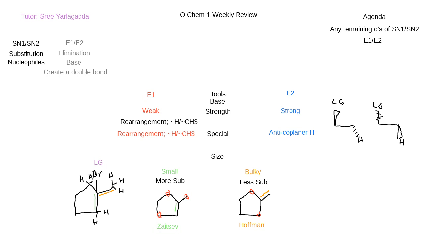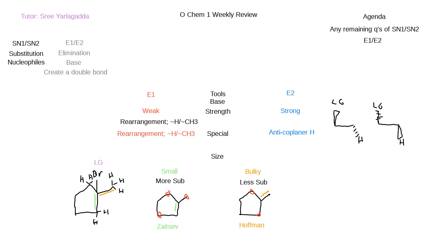So some examples of small bases or typical bases that you will encounter are, maybe I'll put it in green. We know it's Zaitsev because this double bond has more substituents, and we are also using a small base, okay?